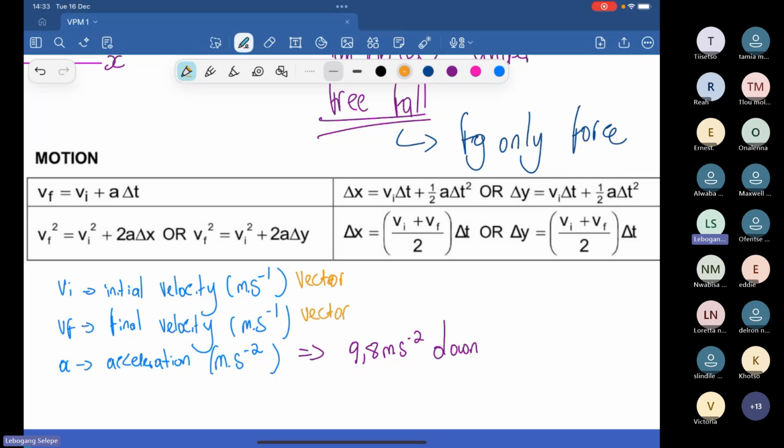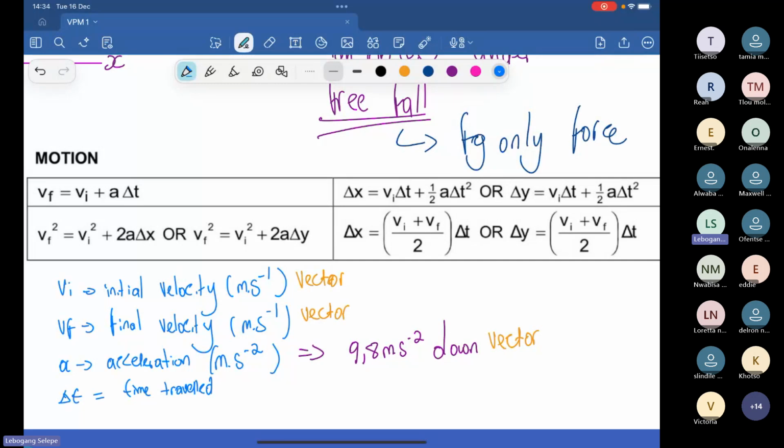With vectors, we always need to take the direction into consideration. Then we have time, change in time, which is the time taken to travel between 2 points.